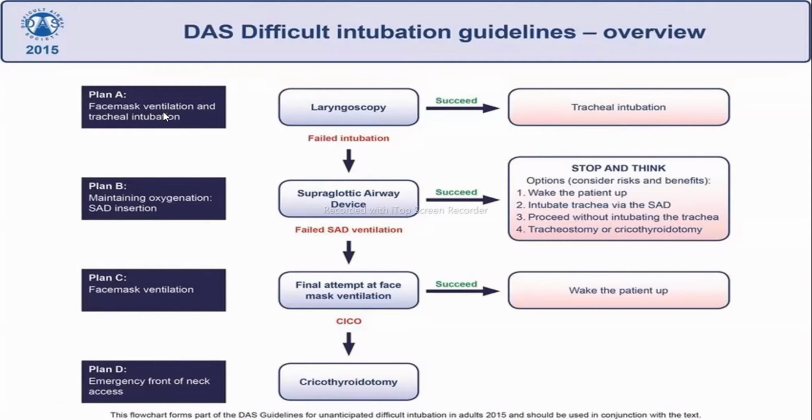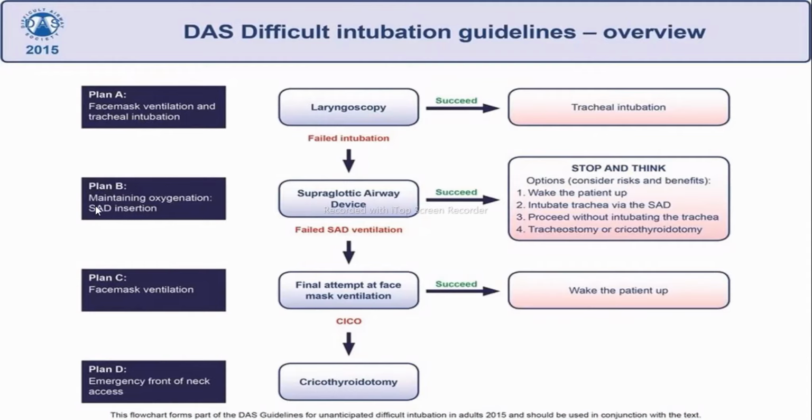You will intubate the patient on the first attempt. If the first attempt fails, you go to a second attempt, and if the second fails, a third attempt. If 3 attempts fail, you can declare failed intubation and go to plan B. So plan A is 3 attempts for intubation with bag valve mask.